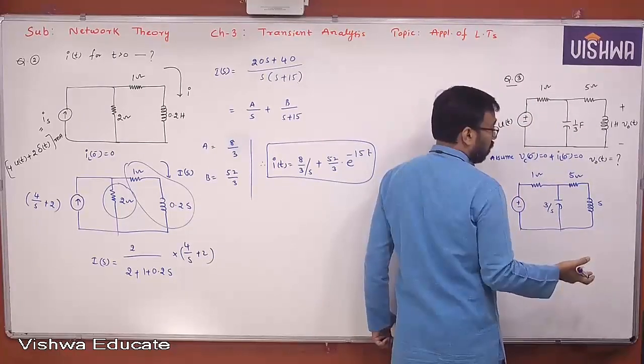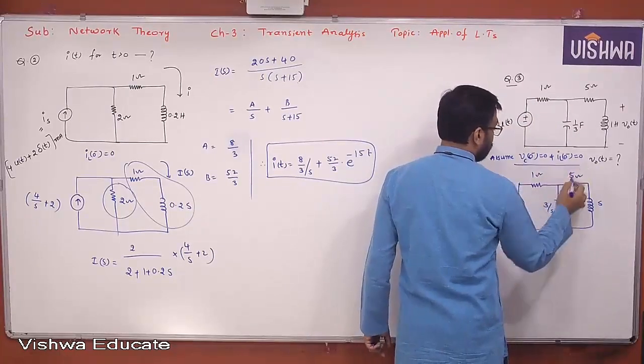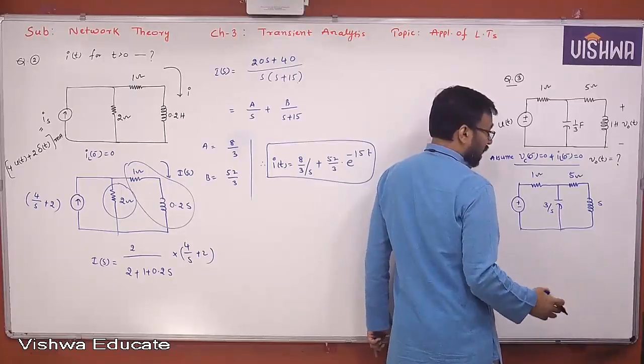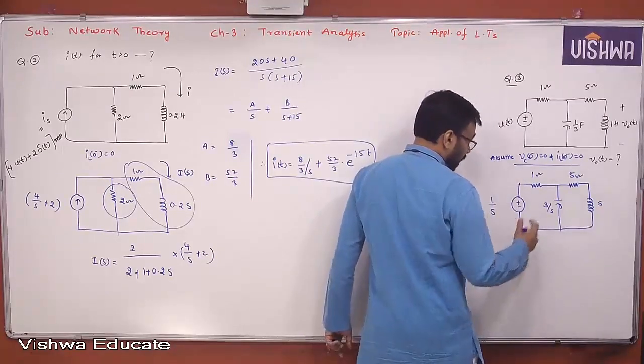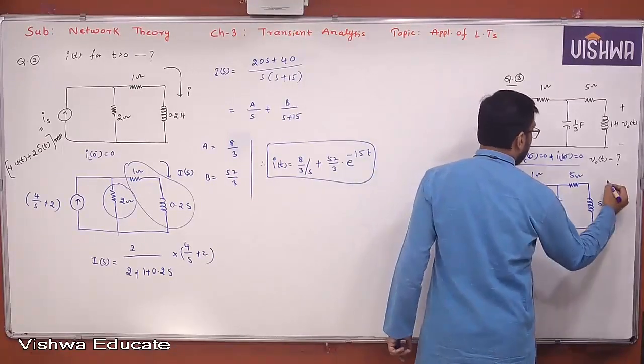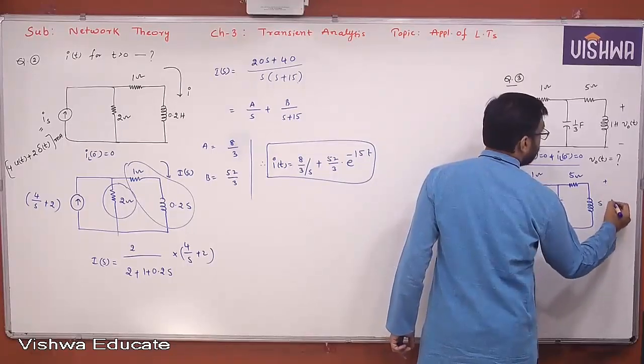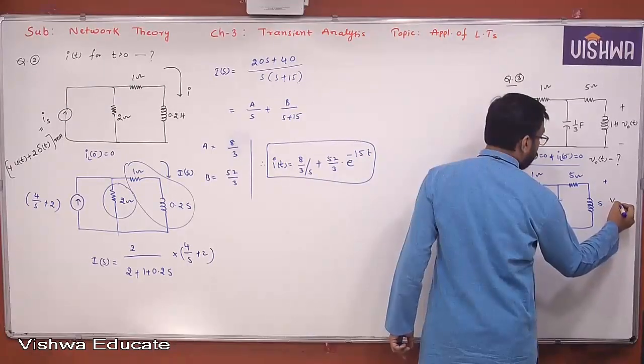We have no other option. You have to assume them 0, because directly or indirectly the values are not given. So I am directly taking this and I would like to find the value of V0(s).